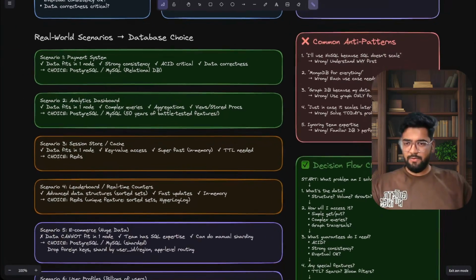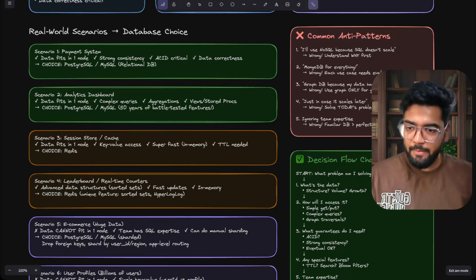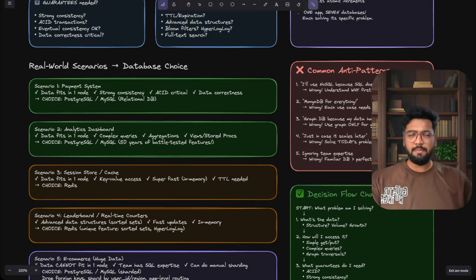Now let's understand some real world scenarios and how you can choose the database. So first is the payment system. In this case, your data is going to fit in a node. You need strong consistency. This is the most important part for payment systems. You need ACID properties and you need data correctness.